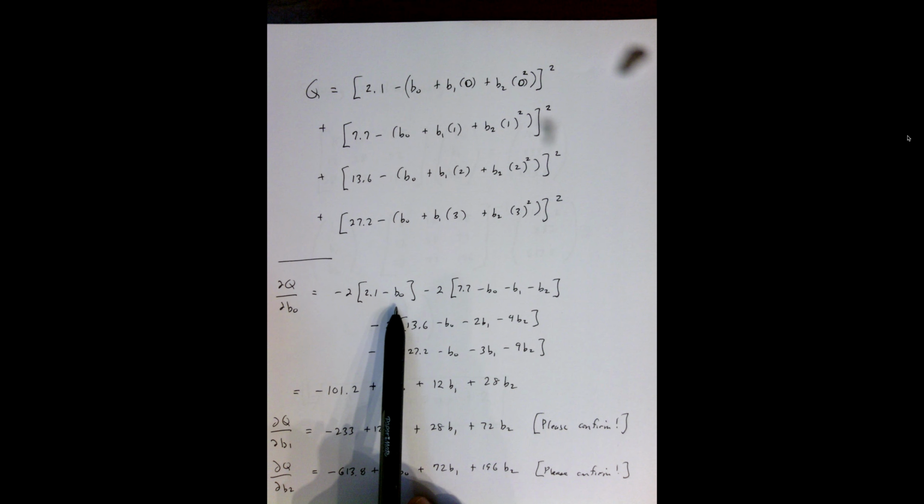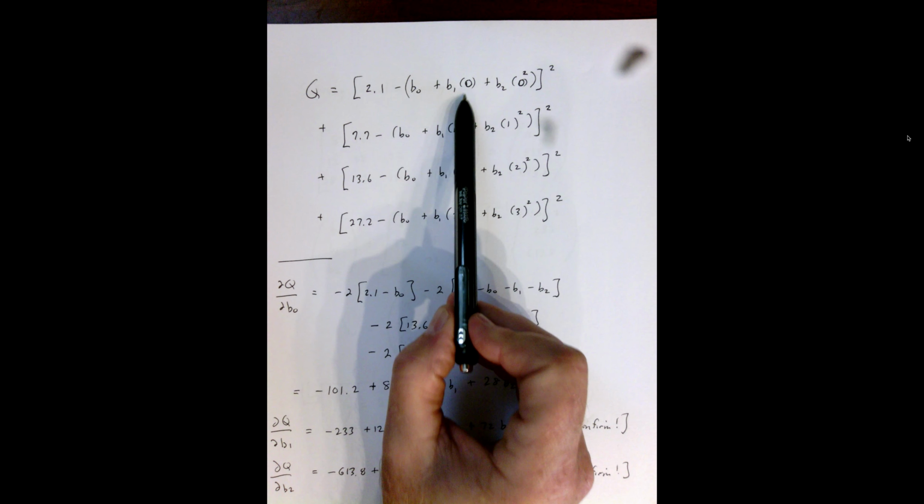The reason the b1 and b2 terms go away is because our x value is equal to 0. You can see that that's not the case for the other terms. So when we simplify that, we get -101.2 plus 8b0 plus 12b1 plus 28b2.